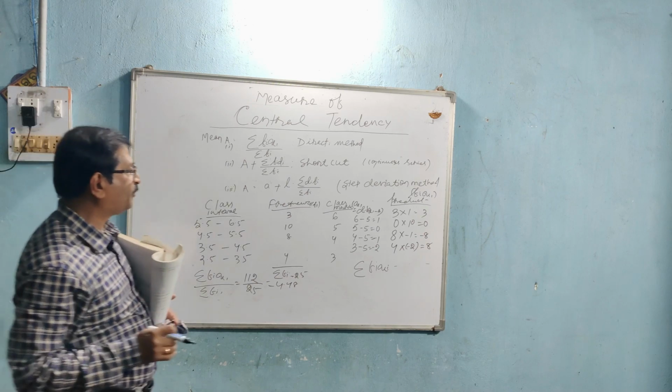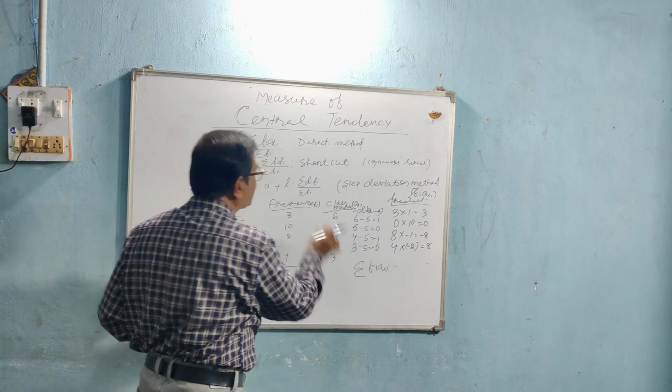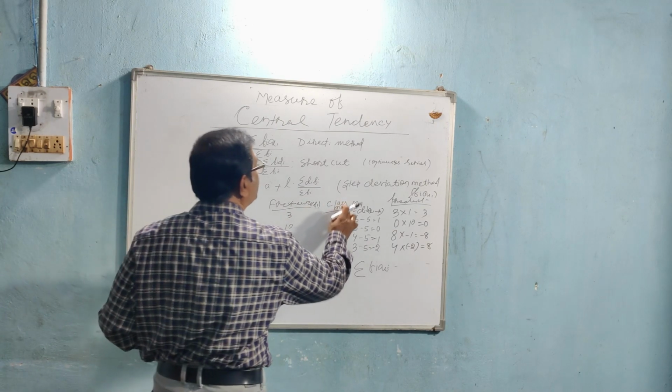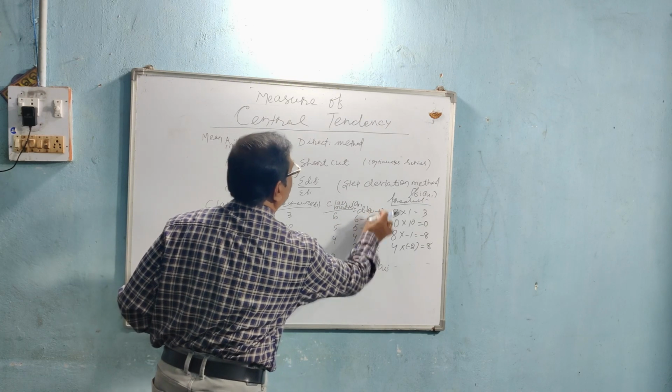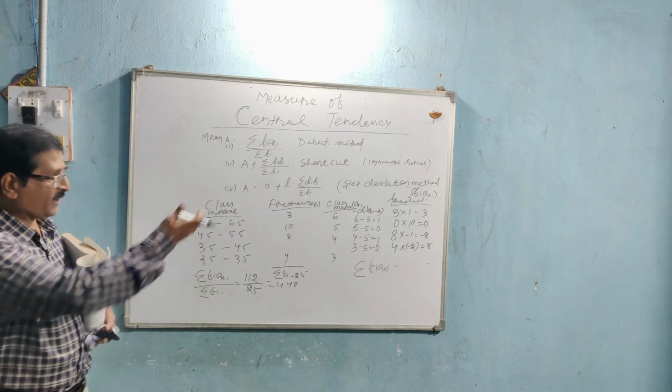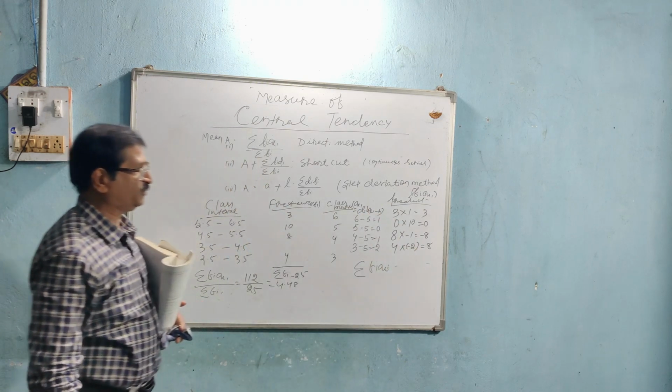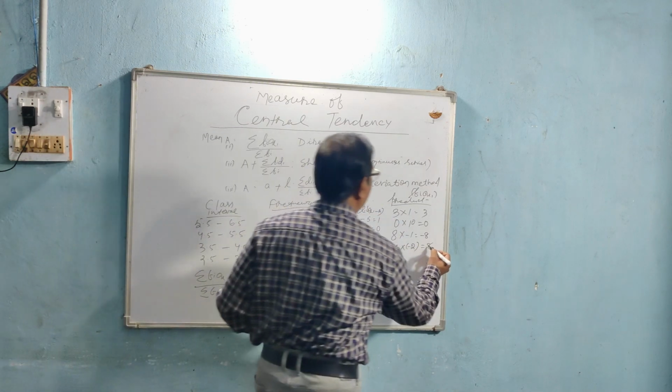In the shortcut method, what we have done, from the class mark itself we have taken an assumed mean, and thereafter from each value of this class mark we have subtracted that assumed mean, and we have found the values, then the frequencies have been multiplied with those values, and we are getting this.